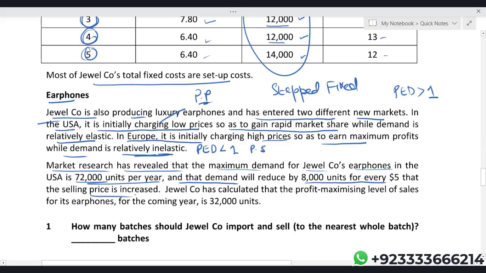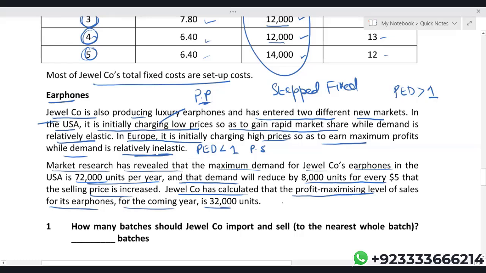So that will give me the price elasticity of demand. Simply, change in price by $5 brings change in demand by 8,000. Joule company has calculated the profit maximizing level of sales for its earphone for the coming year is 32,000.